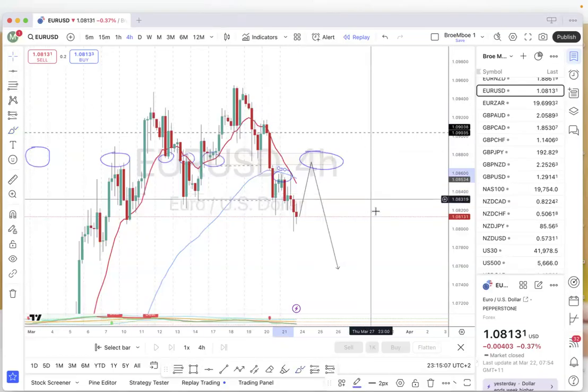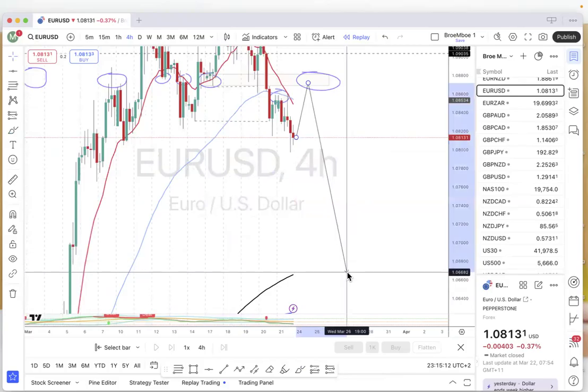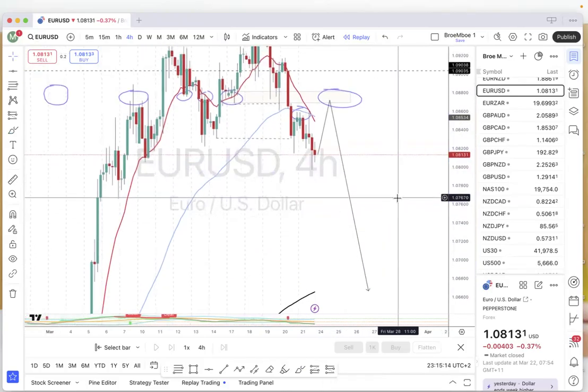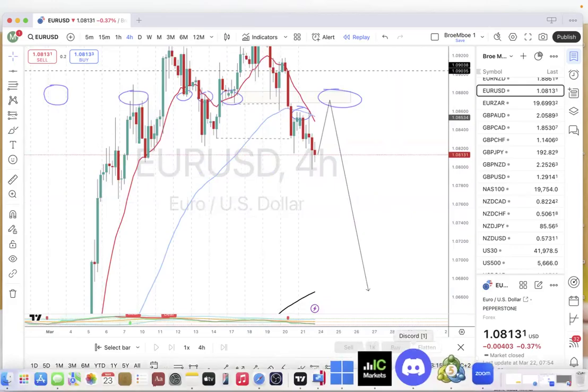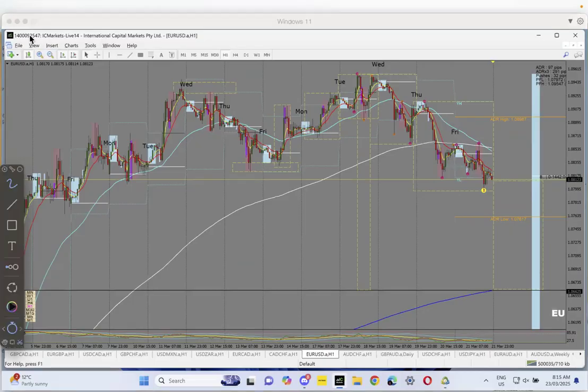And target being maybe somewhere there. Because from counting on our thing, we could see that 291 pips was on the 800 EMA. So I would love for us to go as low as the 800 EMA.